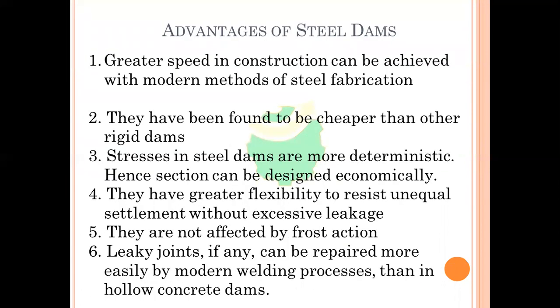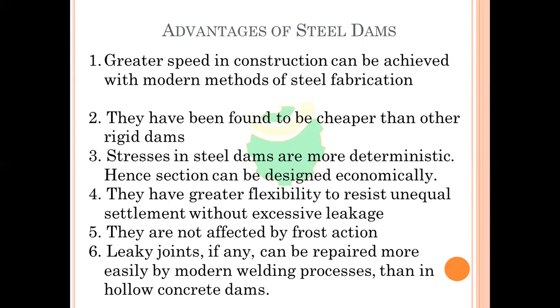Steel dams are less cost, but in the world, only 2-3 steel dams are present. So generally preference is less for steel dams. Greater speed in construction can be achieved with modern methods of steel fabrication. They have been found to be cheaper than other rigid dams.